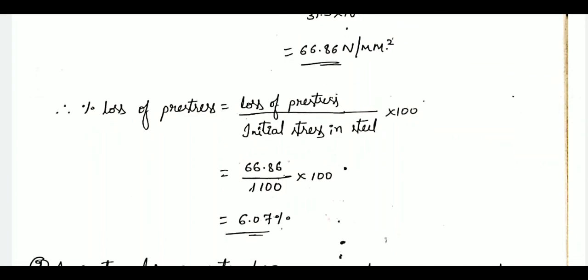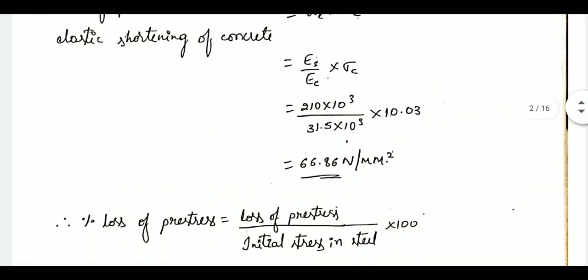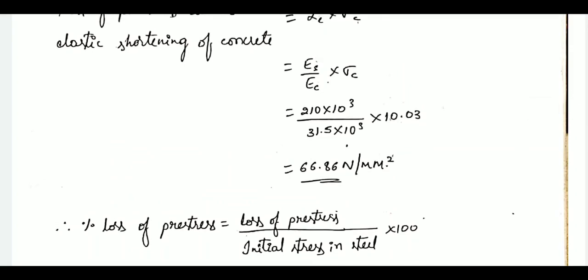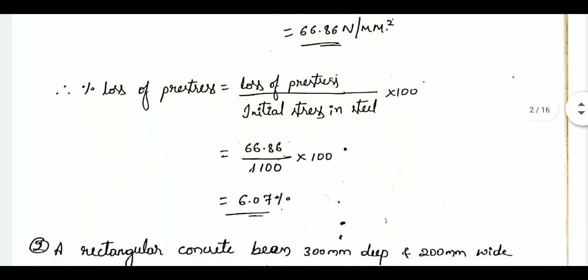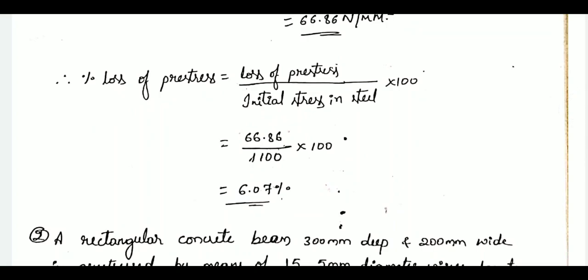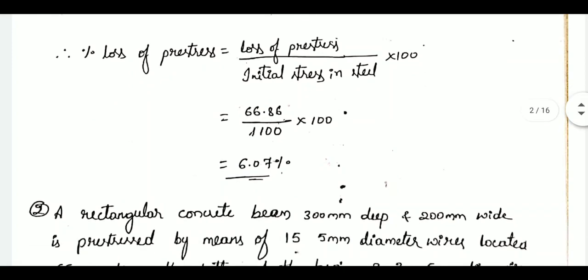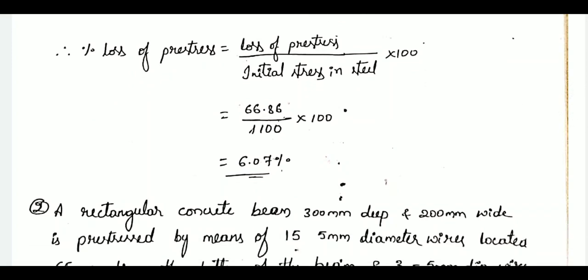See here, percentage loss, it is per mm square, and we have calculated here loss of pre-stress, it is not force. So we can directly calculate here loss of stress upon initial stress into 100. You will get the percentage loss of pre-stress. That's it.